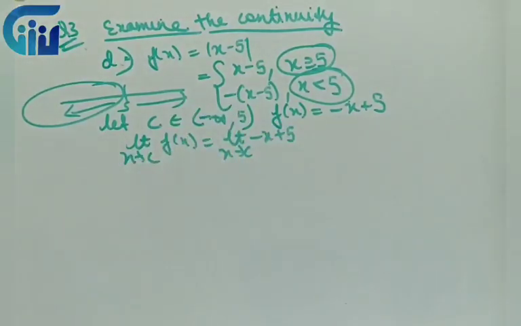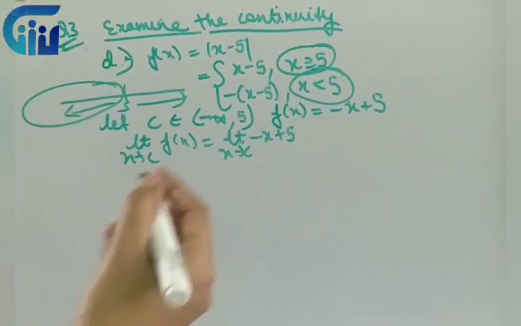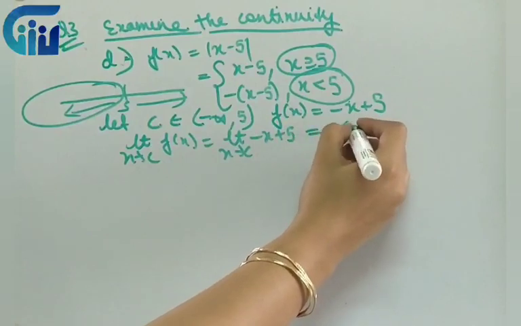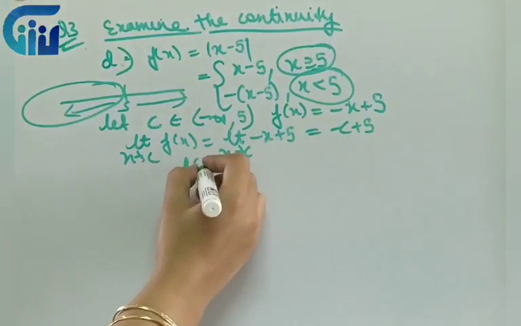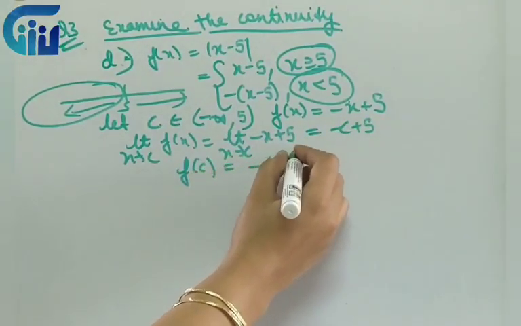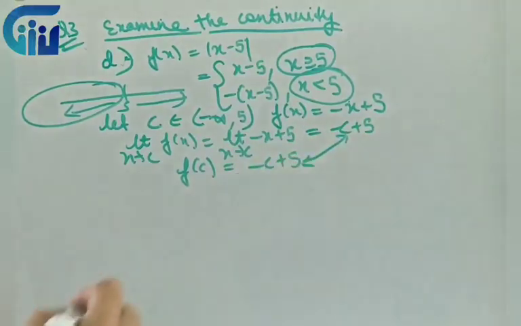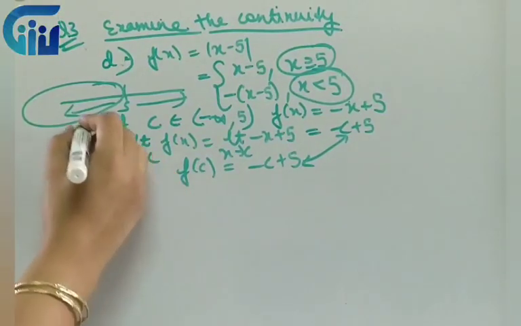This c can be any point, like minus 3. So at minus 3, left and right will be the same function. So this will be minus c plus 5. Similarly, f of c will be minus c plus 5. Both the values are equal. So we will say the function is continuous for all the real numbers which are less than 5. Right? This is case 1.